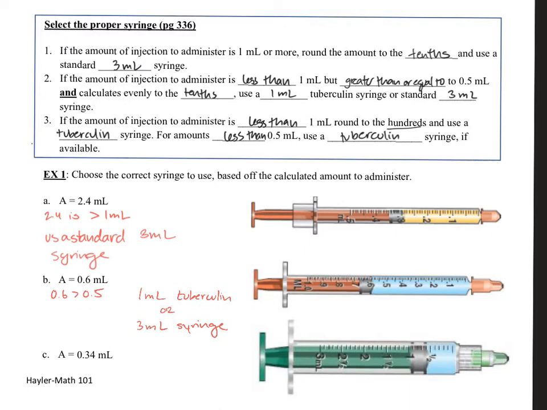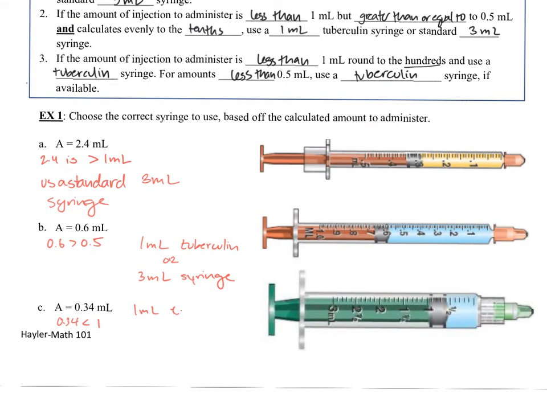And lastly, for C, the amount to administer is 0.34 milliliters. All right, so 0.34 is less than 1. And so we can use a 1 milliliter tuberculin syringe, or we could go ahead and use a 0.5 milliliter tuberculin.